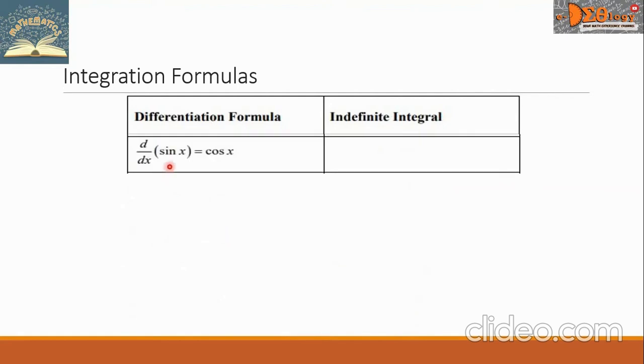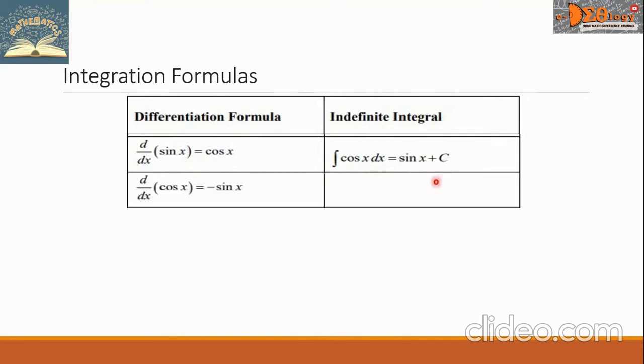The derivative of sin x equals cosine x. Now, the integral of cosine x dx equals sin x plus c. The derivative of cosine x equals negative sin x.